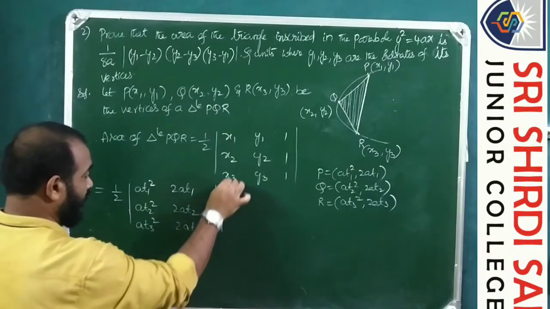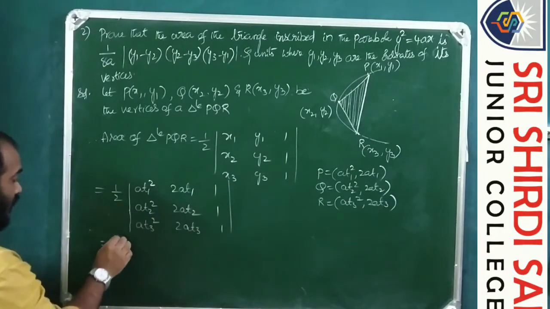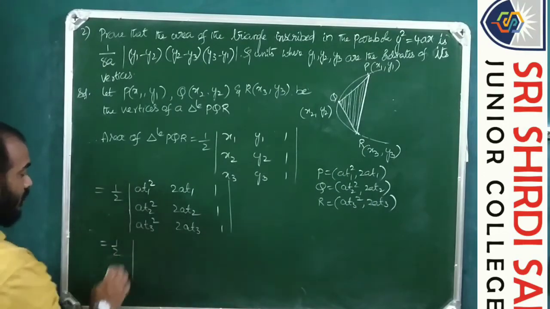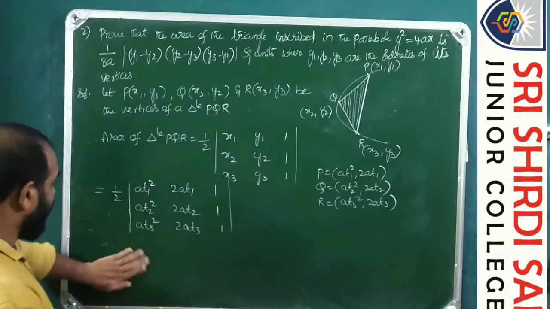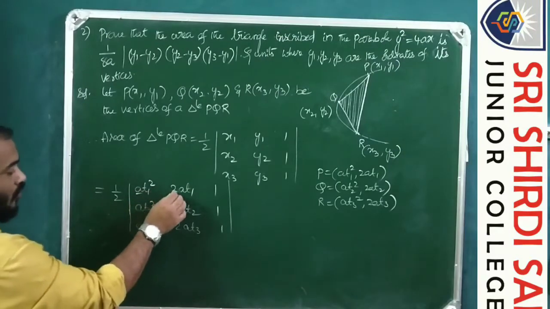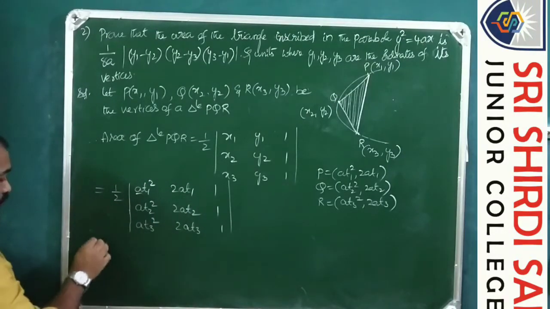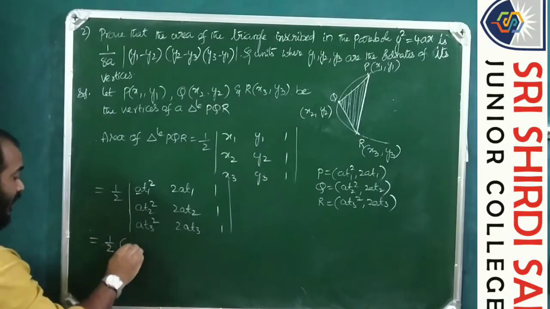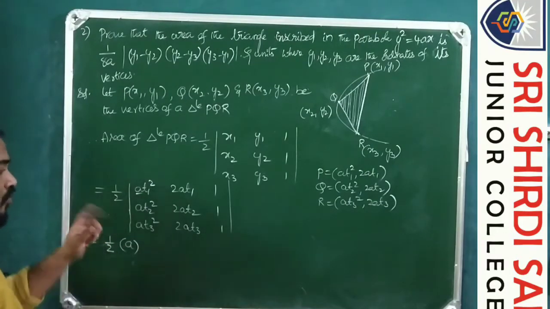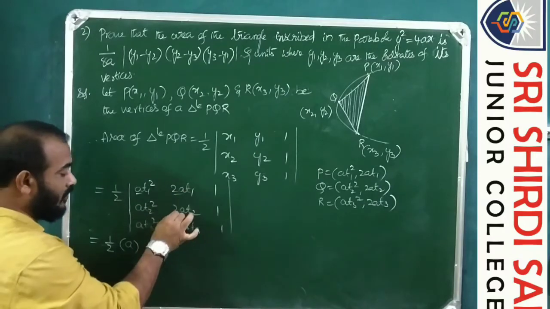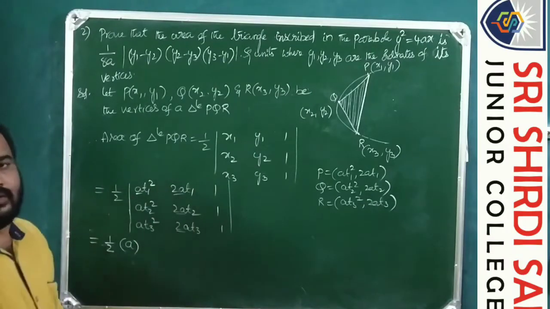2at3 1. This is equal to half into, so here a is common in the first column, so that is equal to half into a taken common. Not only that, 2a is common in the second column.